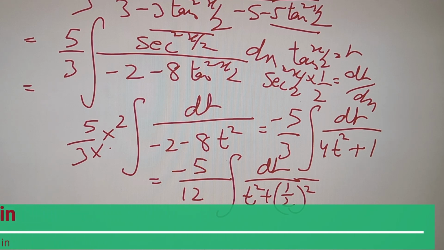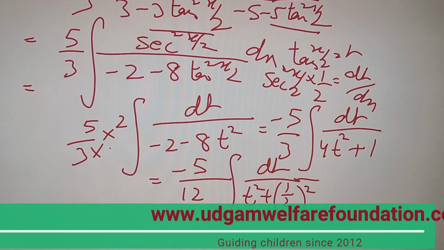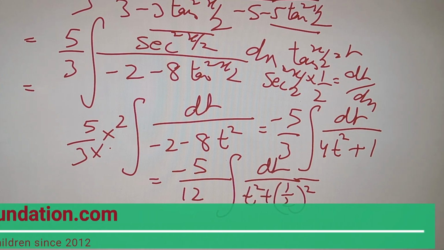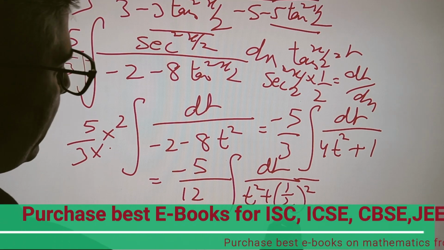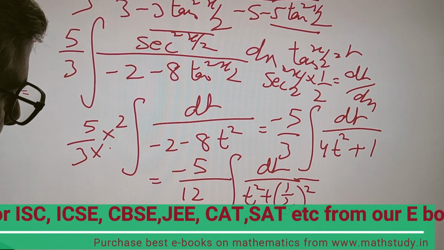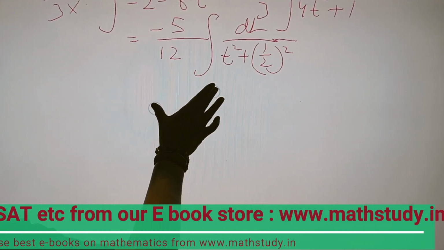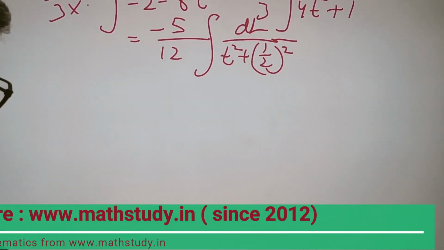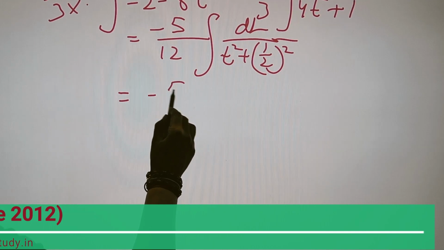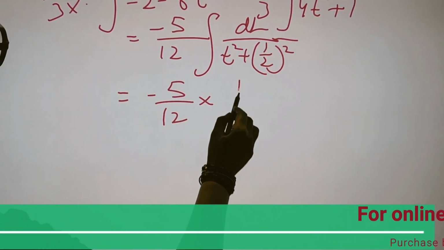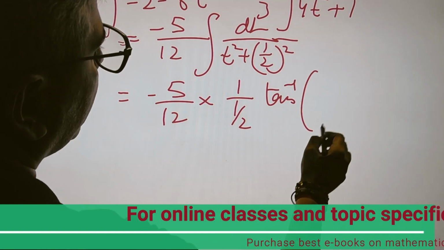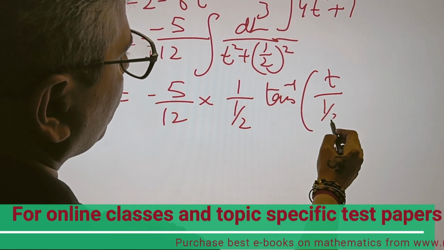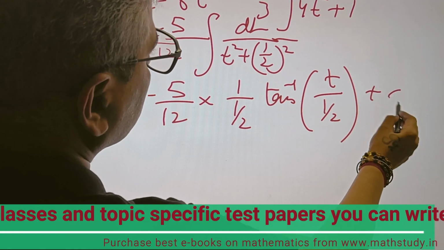So here we are getting 1 upon x square plus a square, which is nothing but 1 upon a tan inverse x by a. So we will be getting minus 5 by 12 into 1 upon a into tan inverse x by a this way, and plus c.